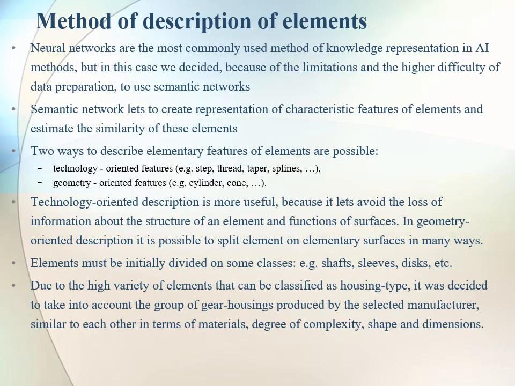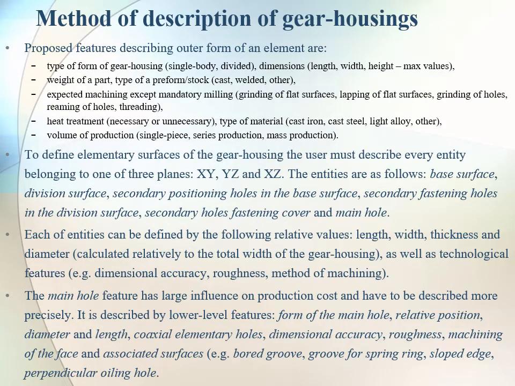So what about description of elements? We decided to use semantic networks and technology-oriented features as a way of description, and elements have to be initially divided into some classes. We created something that we call skeletal semantic networks, allowing us to describe a specific, selected group of elements.